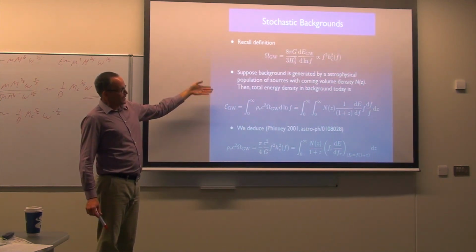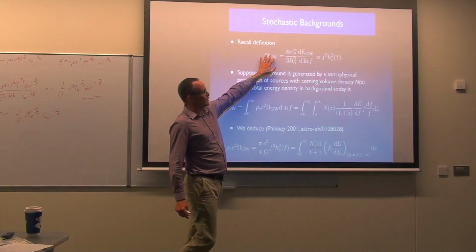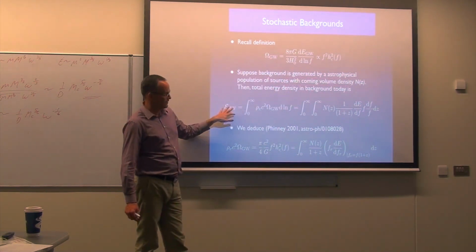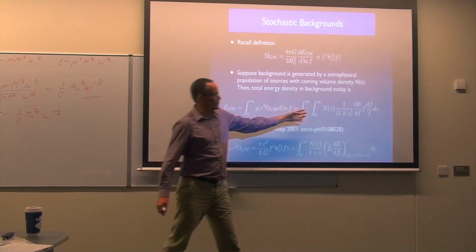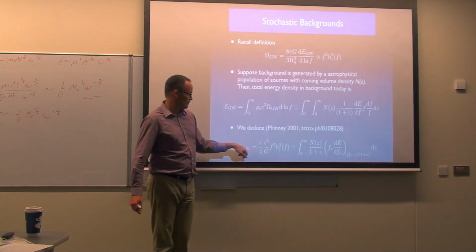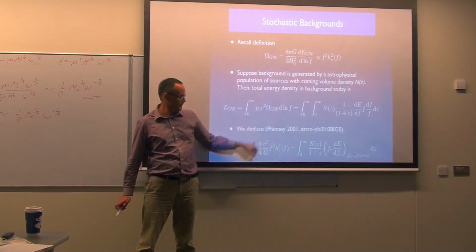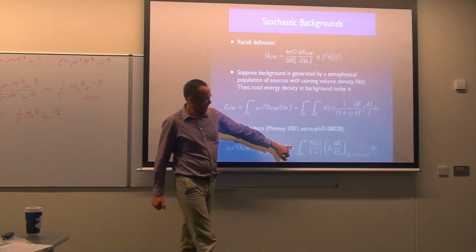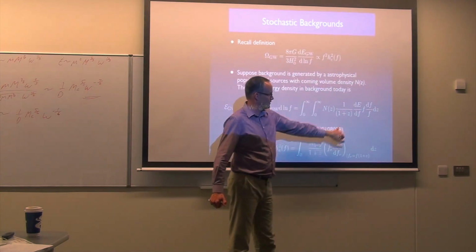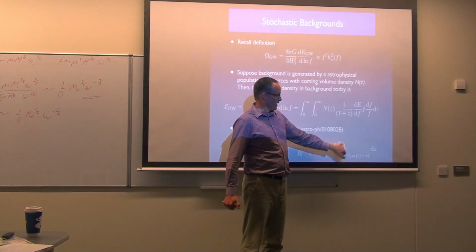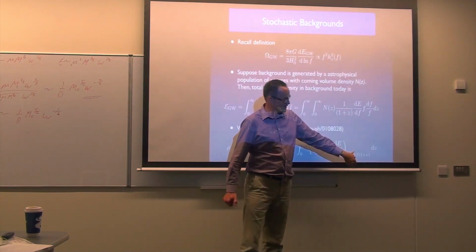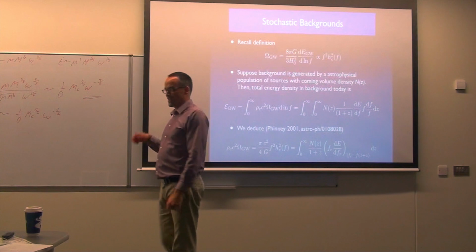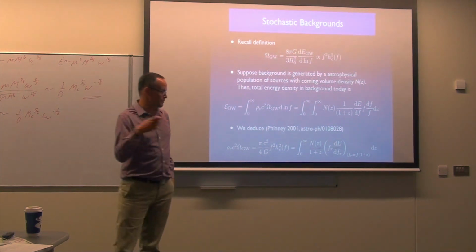Okay, so from this relationship between the spectral density and the total energy, you change the order of the integration here, and you deduce that omega must just be equal to the integral of n over 1 to c times f df. Okay, this has to be evaluated at the emission frequency, not the observed frequency.